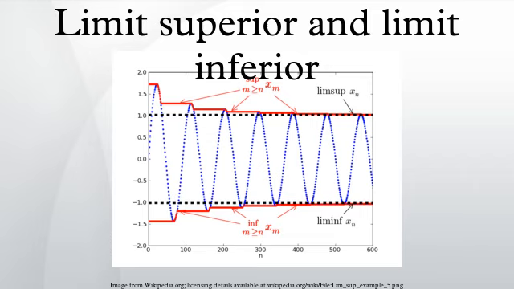Limsup Xn consists of elements of X which belong to Xn for infinitely many n. That is, x belongs to limsup Xn if and only if there exists a subsequence xnk of Xn such that x belongs to Xnk for all k. Liminf Xn consists of elements of X which belong to Xn for all except finitely many n. That is, x belongs to liminf Xn if and only if there exists some m greater than 0 such that x belongs to Xn for all n greater than m.